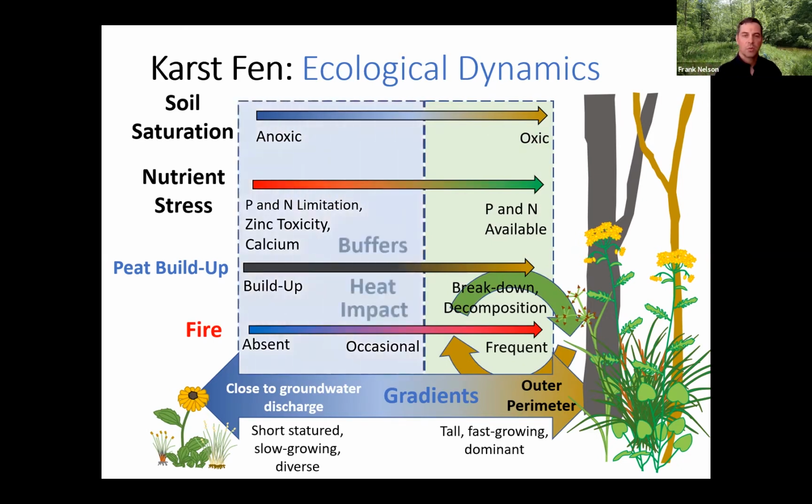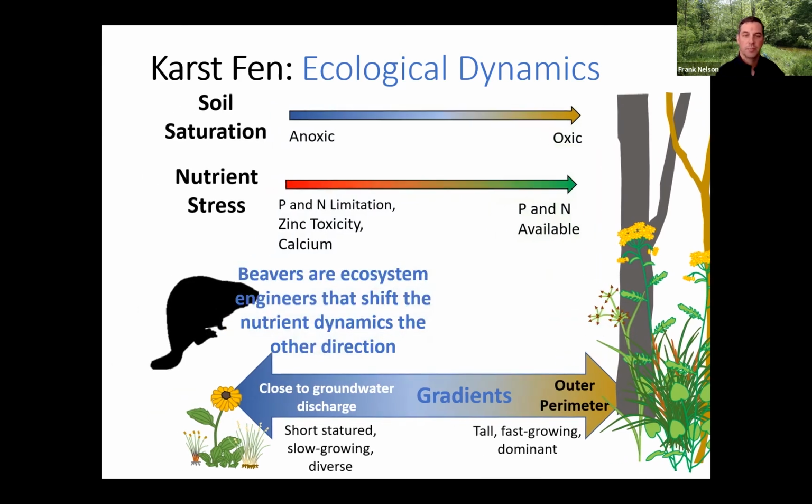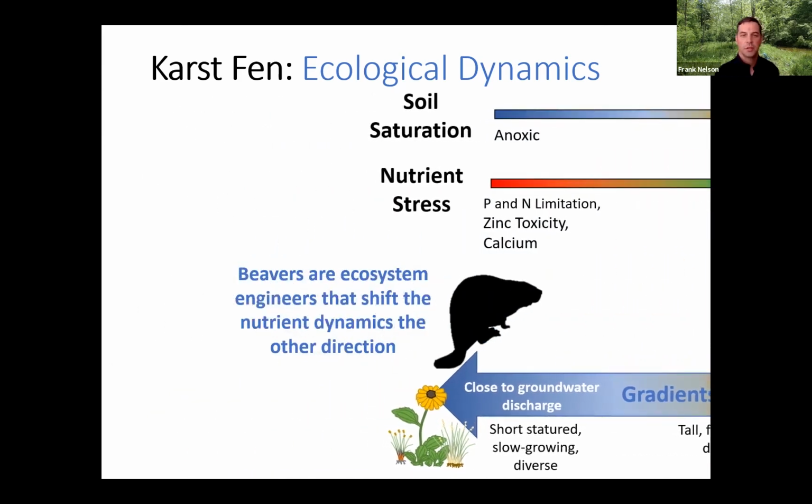When we're thinking about fire, quite honestly, I think a lot of that soil moisture buffers the heat impact, and therefore fire is a secondary thing where really the soil saturation and nutrient stress is what's driving the system. Like I said, beavers are ecosystem engineers, and they also shift the nutrient dynamics quite a bit, perhaps in the other direction.